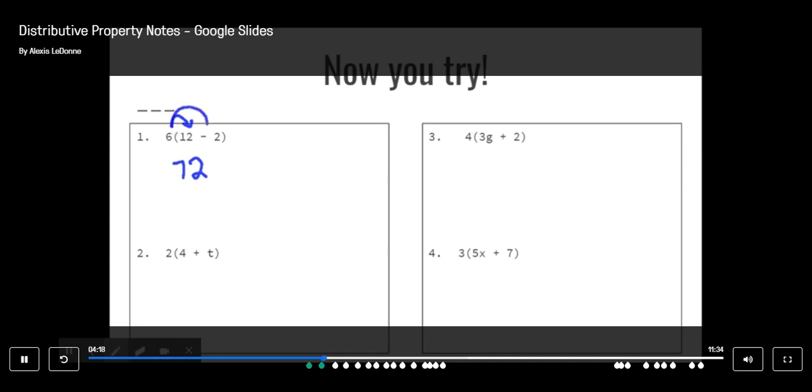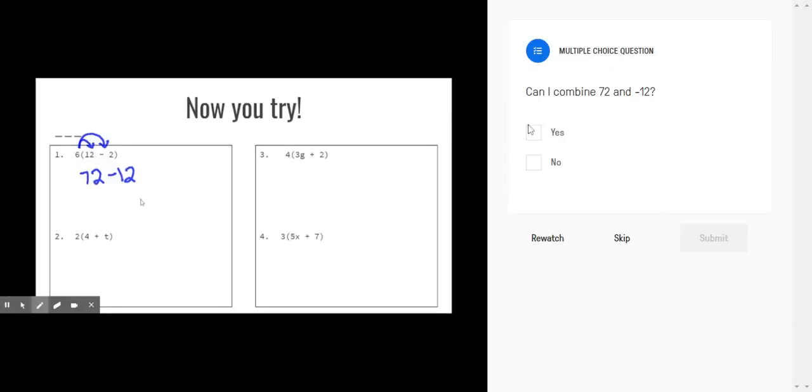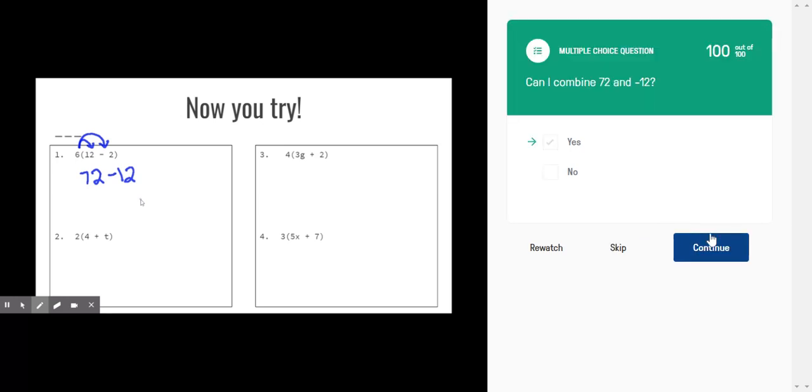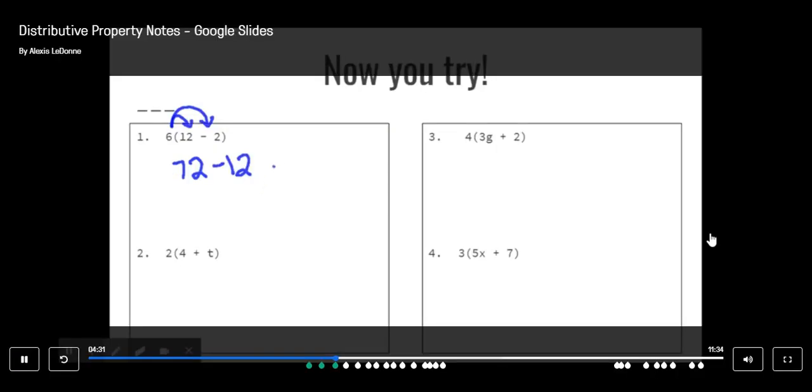Good, I'm going to multiply 6 to negative 2 to get a negative 12. These are both constants, so can I put them together? Good, and I'm going to get a final answer of 60.